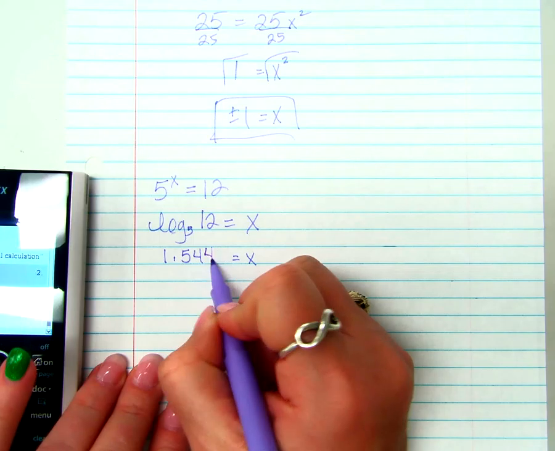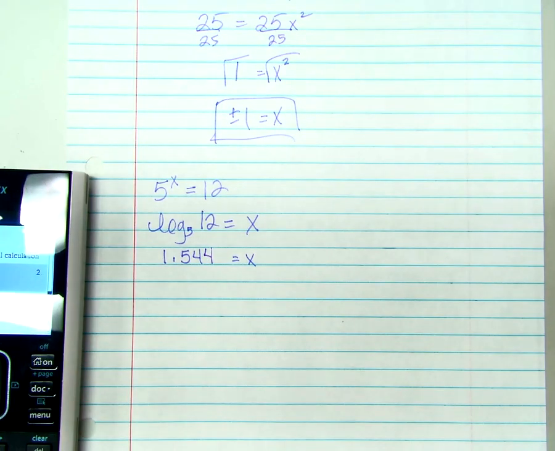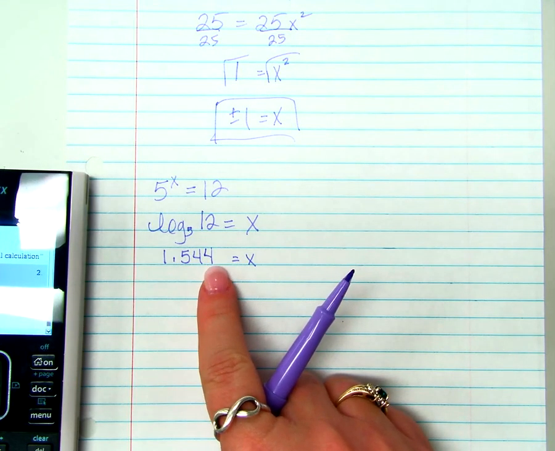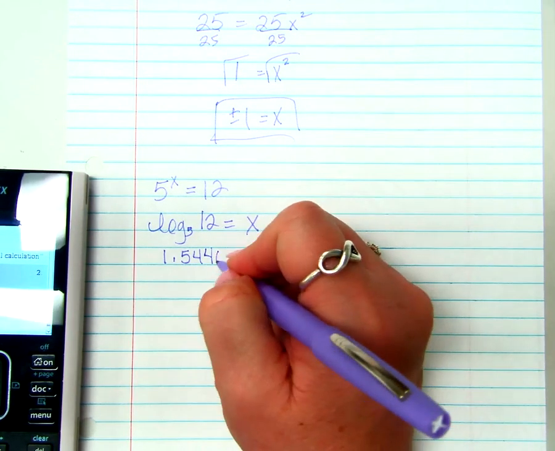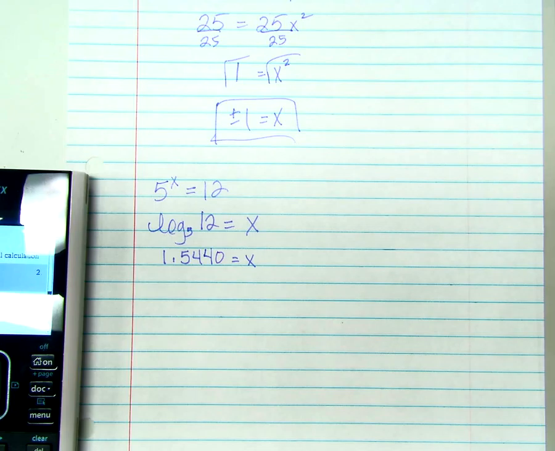So some people think it's that, right? But what did I ask you to round to? 4 places? Is that 4 places? So what do I need? A 0, right? For rounding to the 10,000th place, I need 4 places. Even if that 4th place is a 0, I need my 0 there. Fair enough?